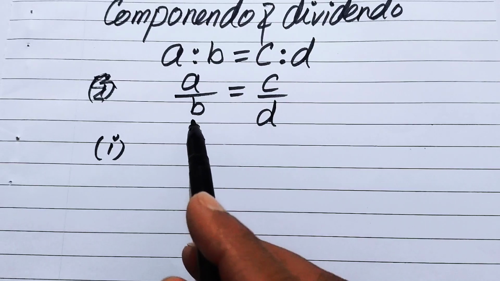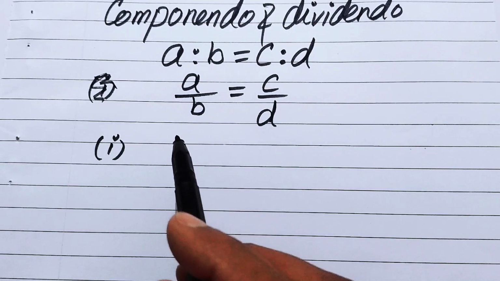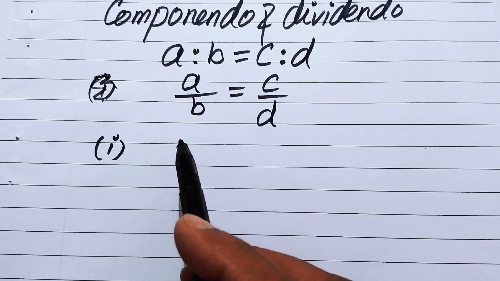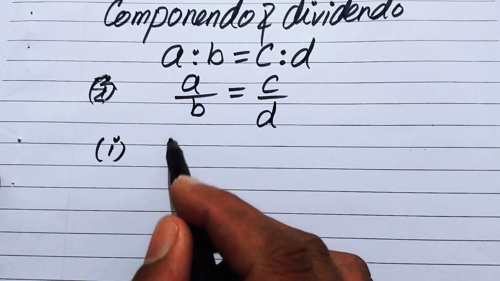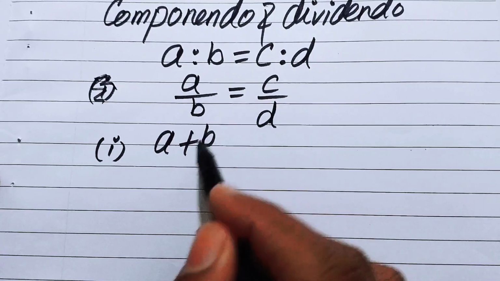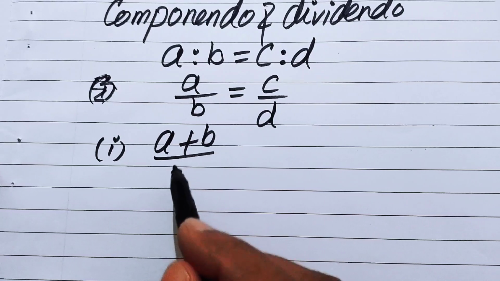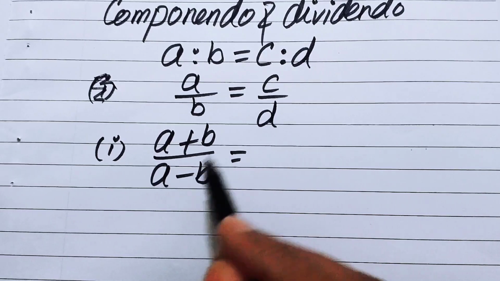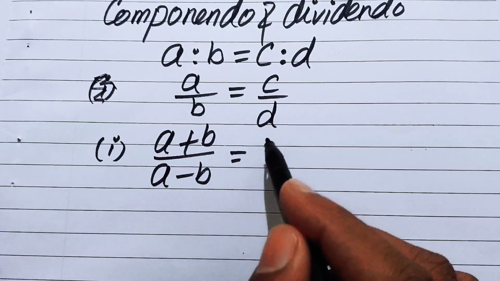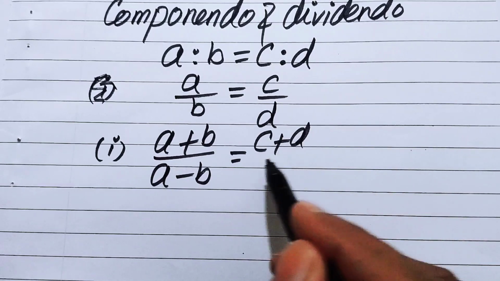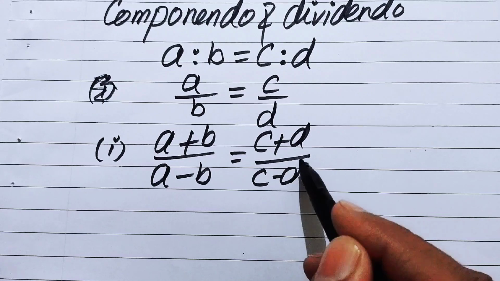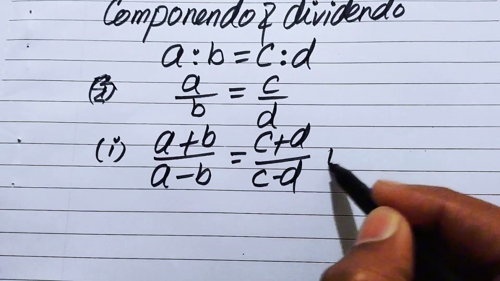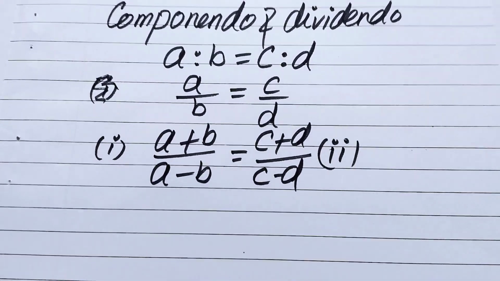In the first part, we add or subtract the denominator to the upper term, and we write it as (a+b) divided by (a−b), and we do the same step on the right-hand side, writing (c+d) divided by (c−d).